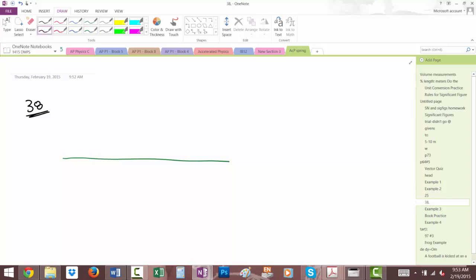So if we draw this picture, so here is the crossbar, and the crossbar has a height of 3.05 meters. Is everybody okay with that so far?